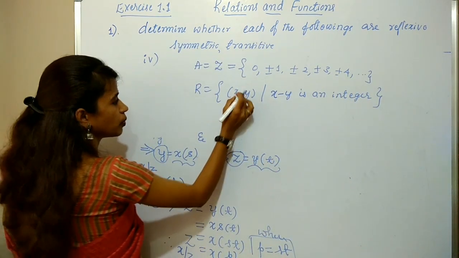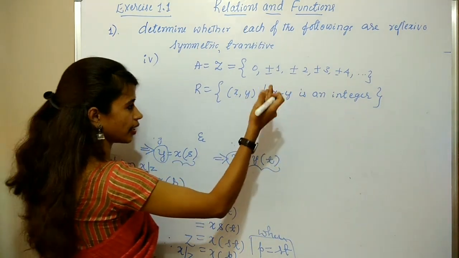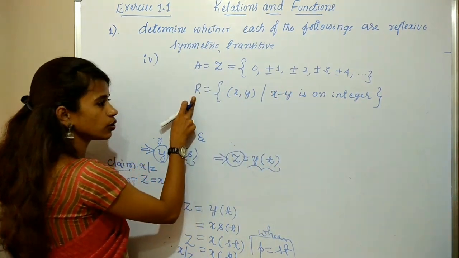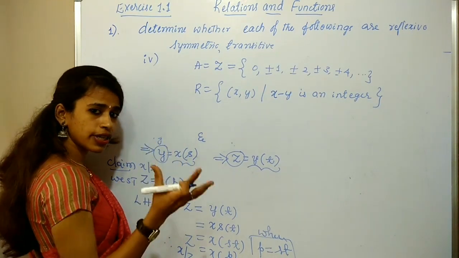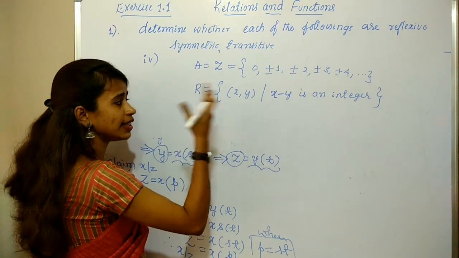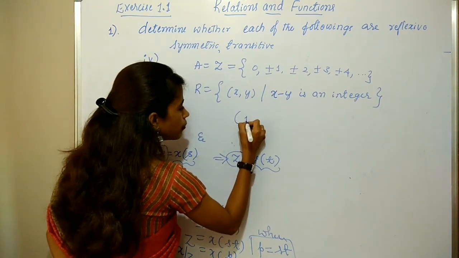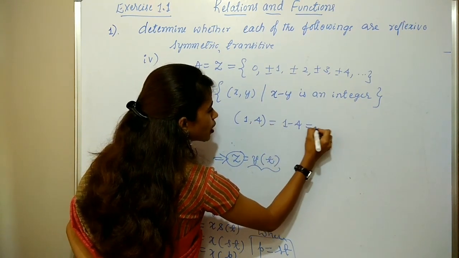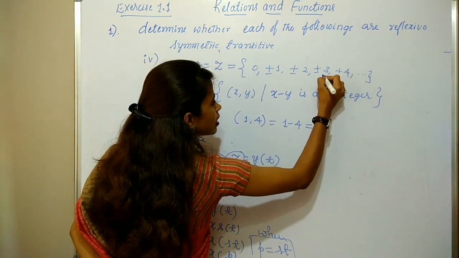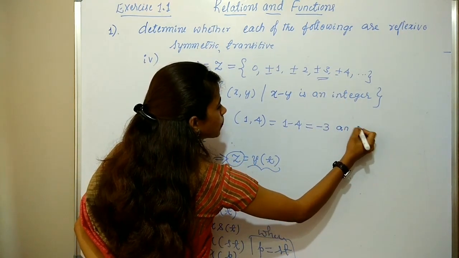So what is the relation between the first element and the second element? The difference must be an integer. Then that element must belong to R. If I have an ordered pair whose difference is an integer, then that ordered pair belongs to R. It means if I have (1, 4), what is the difference? 1 minus 4 is minus 3, which is clearly an integer.